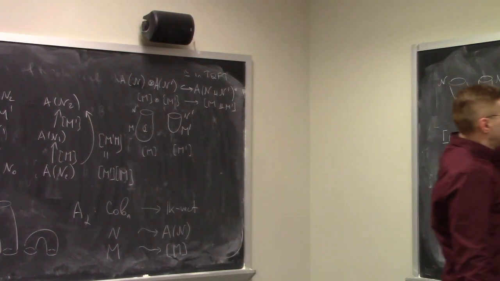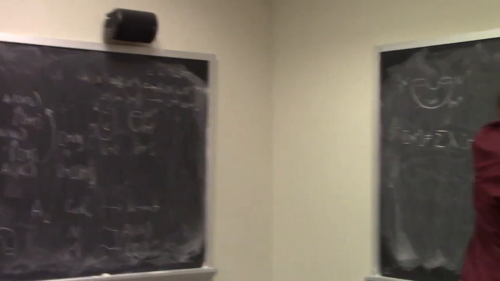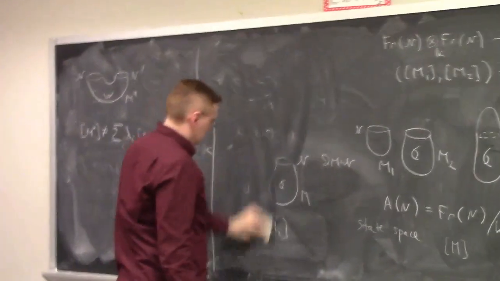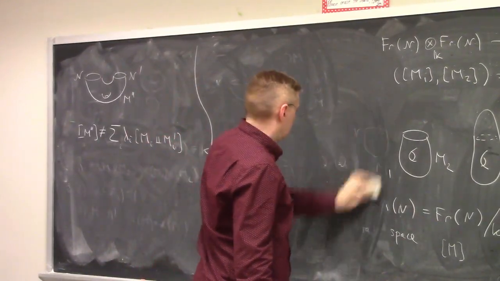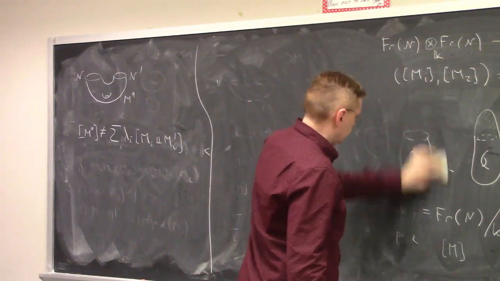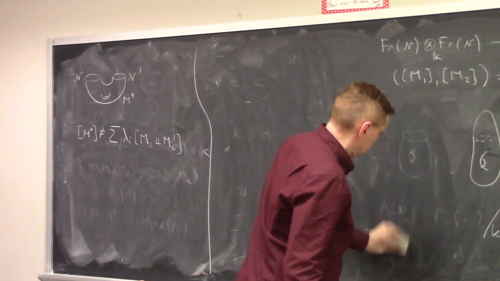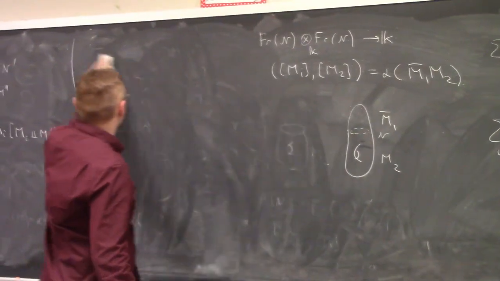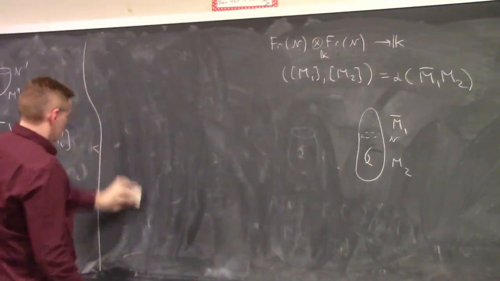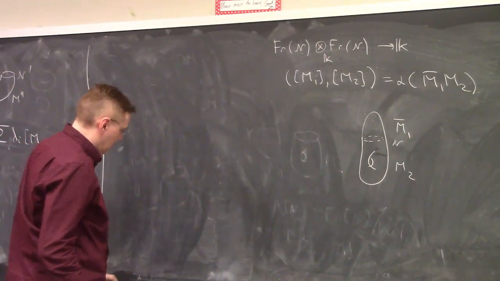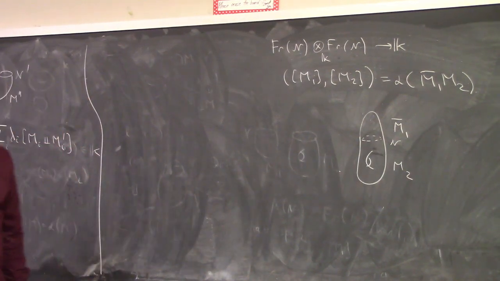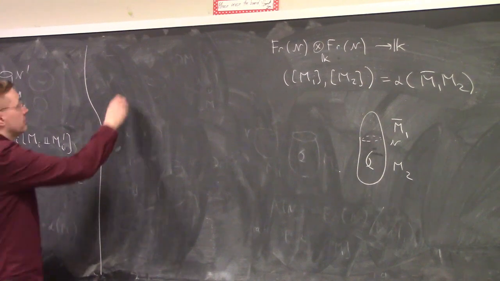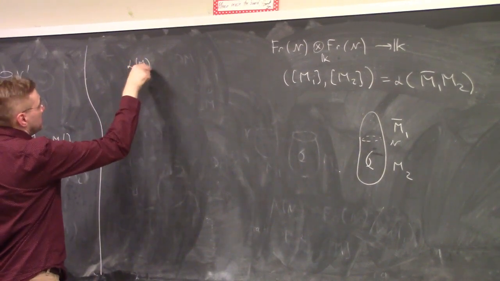Let's look at a simple example. If, for instance, to every manifold you assign the number 1, then alpha of any m is 1.